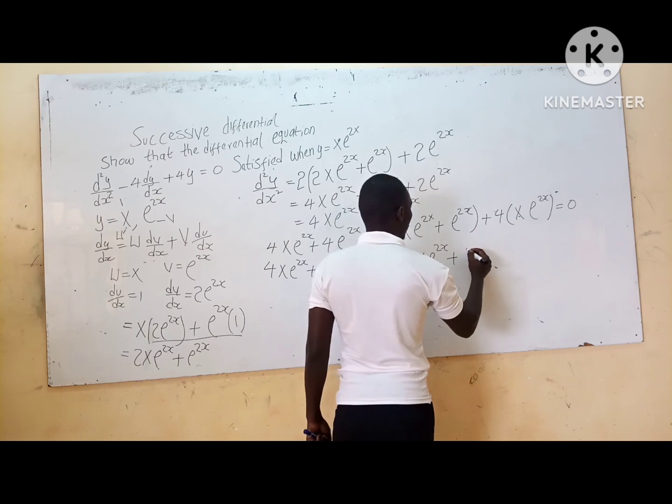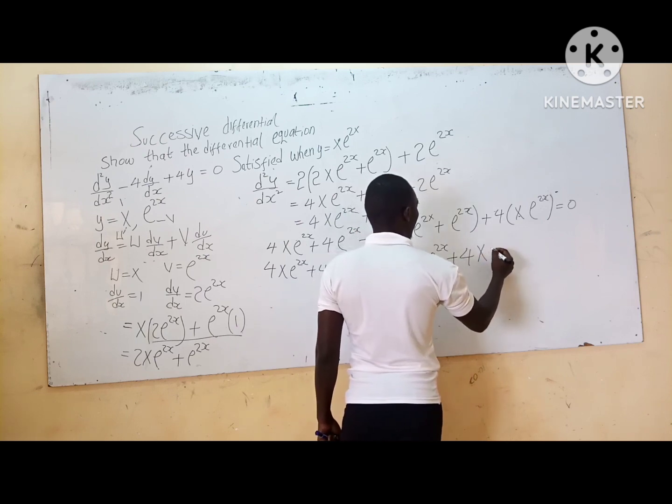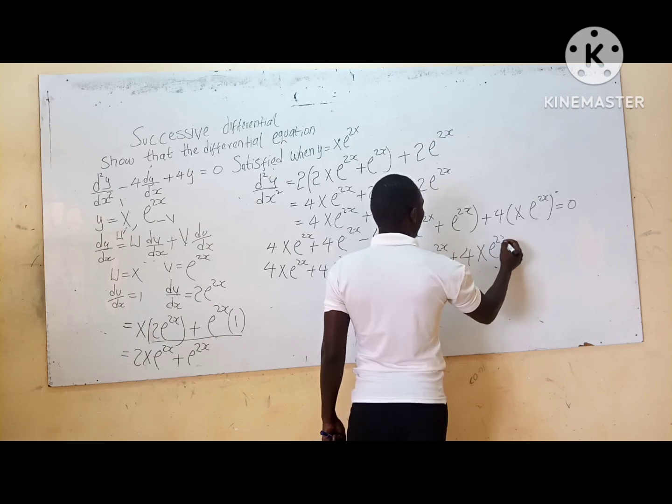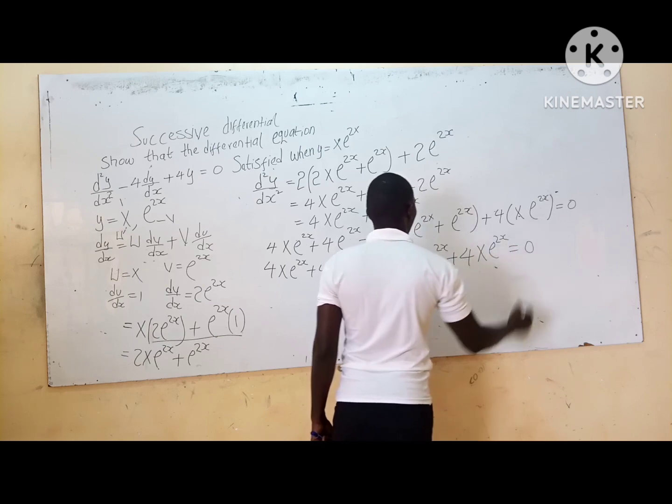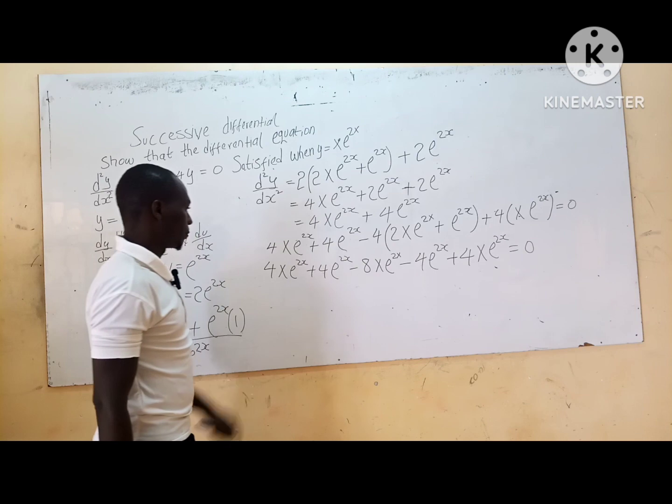We add 4x exponential 2x, everything should be equal to 0.